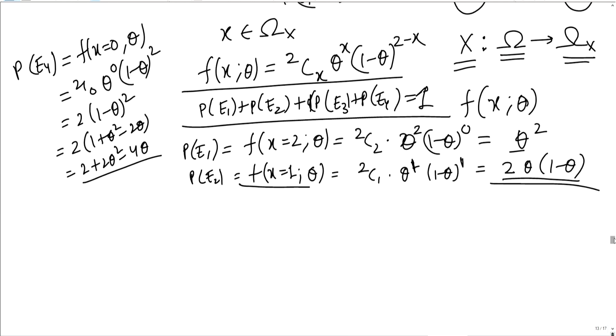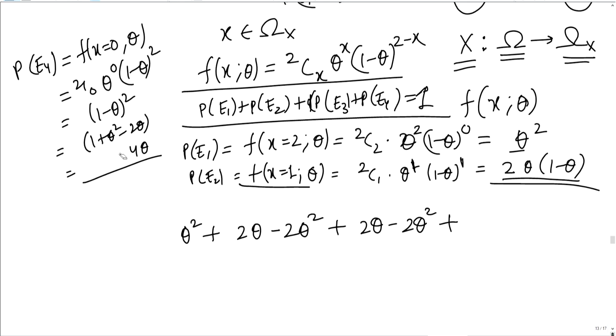When we take their summation, what we get is theta square plus 2 theta minus 2 theta square plus 2 theta minus 2 theta square plus, so here it won't be a 2 in E4, because it's 2C0, so it will cancel out.